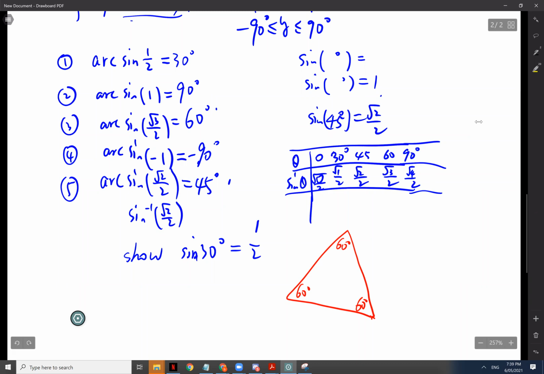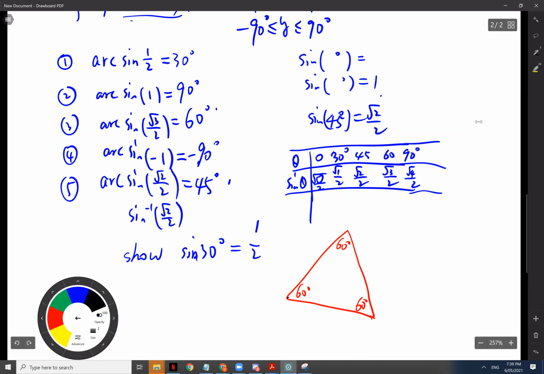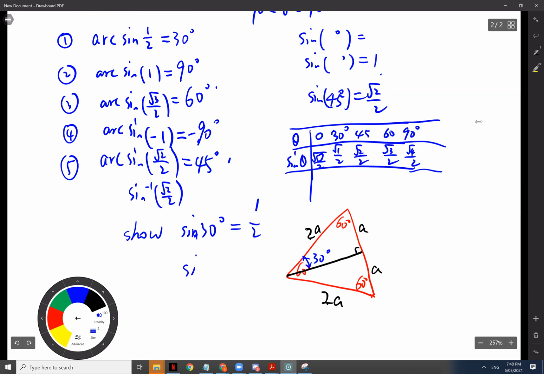We cut in half. Okay. If you assume this is a, Edward, what's here? 2a. Edward, what's here? 2a. Edward, what's here? 30 degrees. So Edward, what's sine 30? A over 2a, which is half.